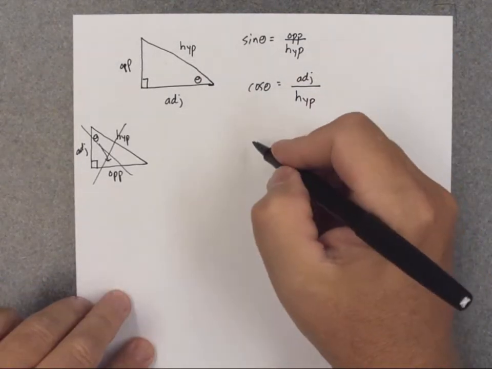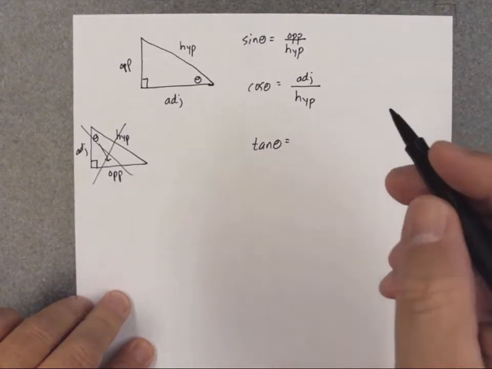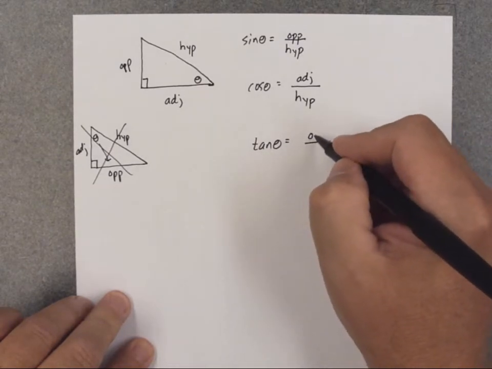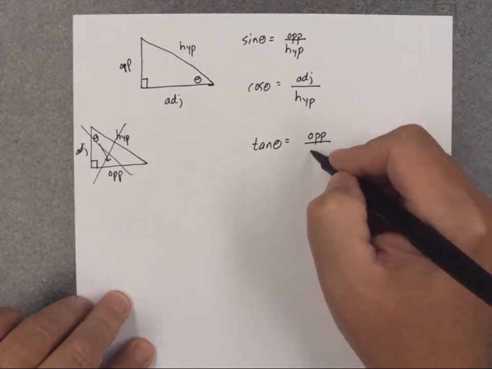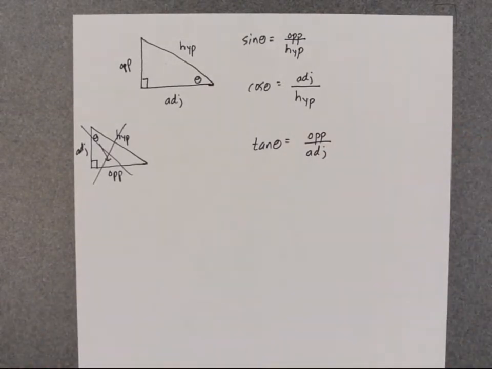And the third one we'll look at is the tangent of theta. It's also a fraction, except tangent says it's the opposite side over the adjacent side. So these are the three key, very important definitions of trig functions.